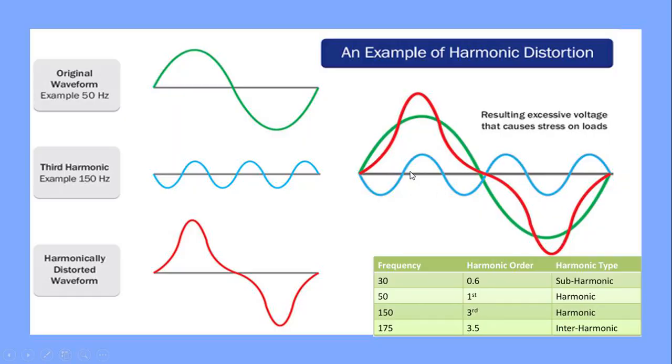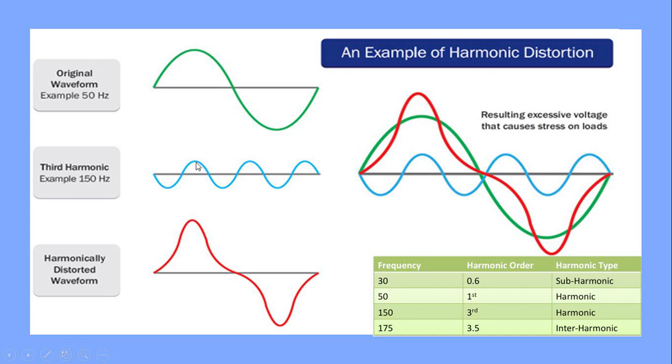Here you see our sinusoidal voltage at 50 Hertz. This is a third harmonic example. How can we recognize this? In a half cycle we have 1, 2 and 3 cycles. 1, 2 and 3. It means it is the third harmonic.